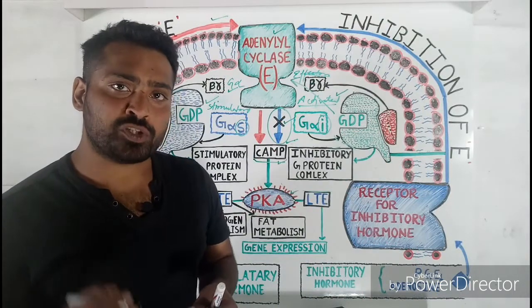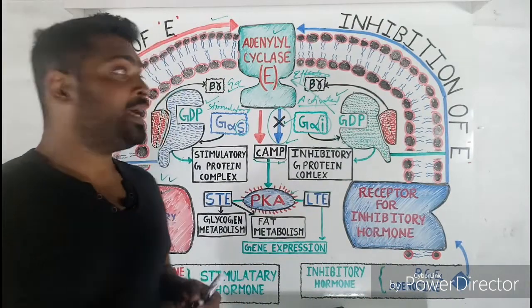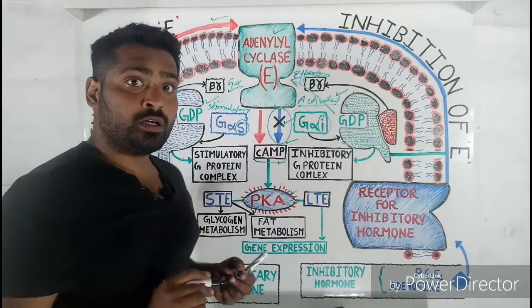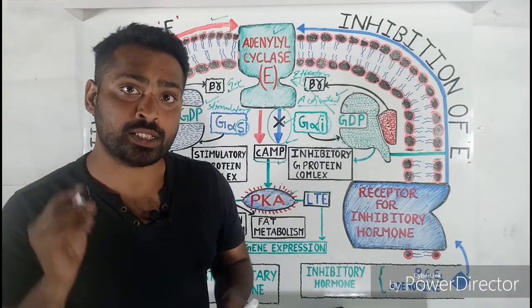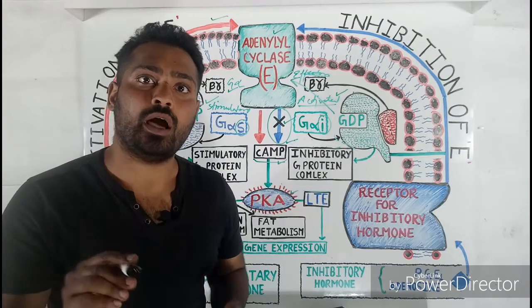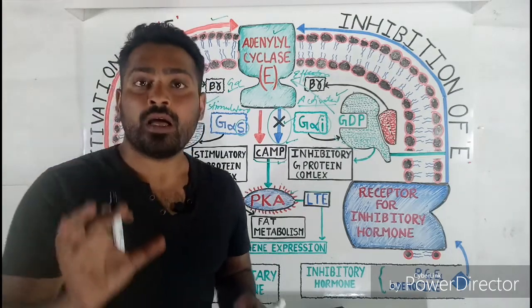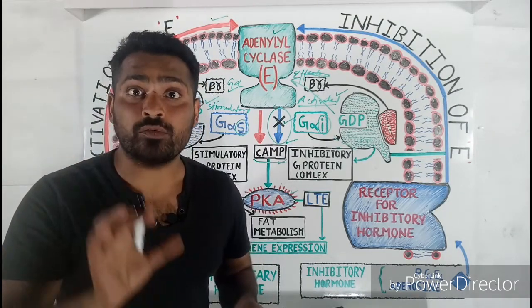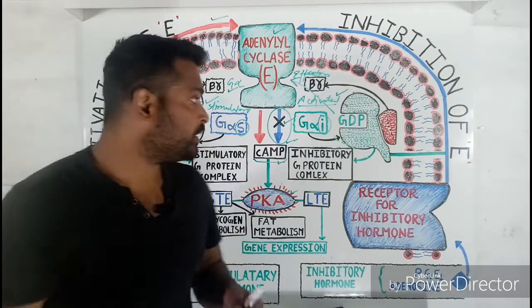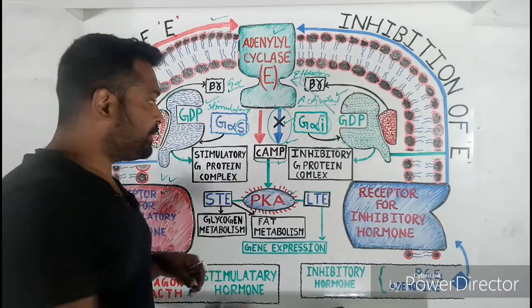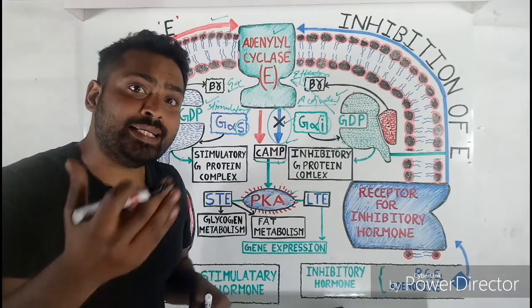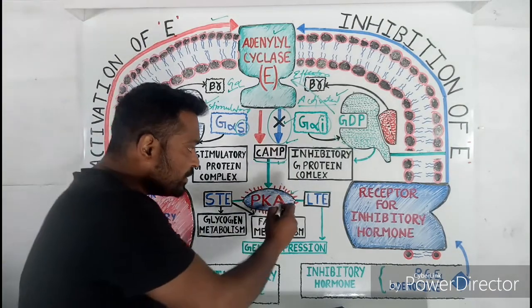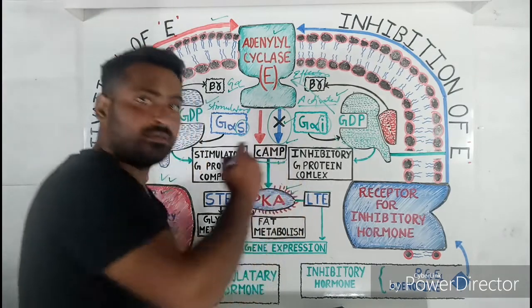Now the cAMP, which is produced by the action of adenyl cyclase, transduces a wide variety of physiological signals which produce a lot of effects. A lot of effects means more than one effect. Now the effects which are produced by cAMP are actually mediated by the activation of PKA.